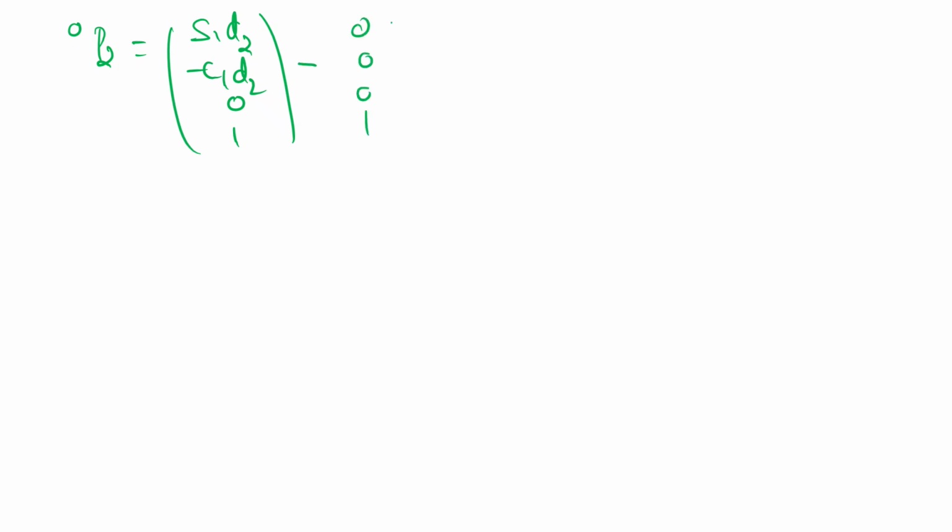So the first gives S1 d2, minus C1 d2, 0, 1, minus 0 0 0 1. When you subtract, you get S1 d2, minus C1 d2, 0, 0.